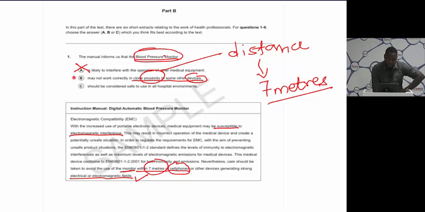So definitely B becomes our answer. This is a sample of the OET Part B reading. We already know that C can never be the answer, because you're looking for the perfect fit, and we have gained evidence from the reading. With this kind of question, we always have to make sure we have evidence in the reading to support our answer.